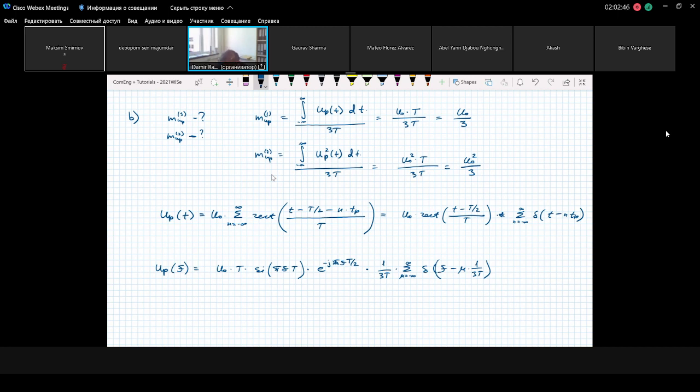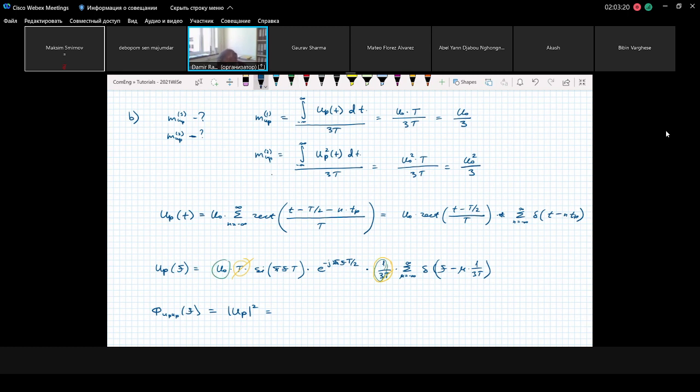Then the power spectral density is nothing else but the squared modulus of this spectrum. We shouldn't forget about the scalars. We have T and T, which we can cancel, and the scalars we have are 1 over 3 and u0.